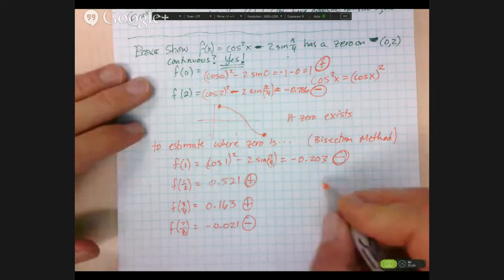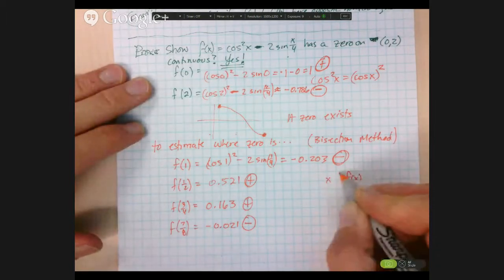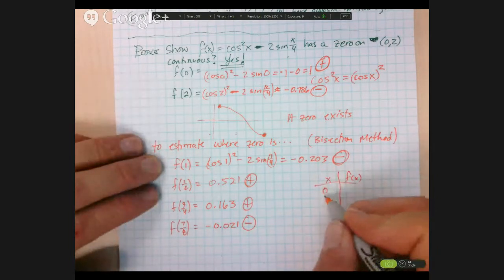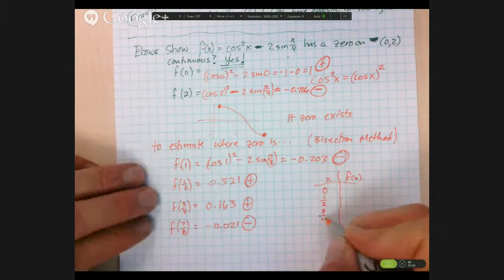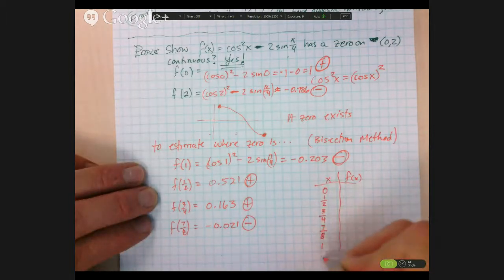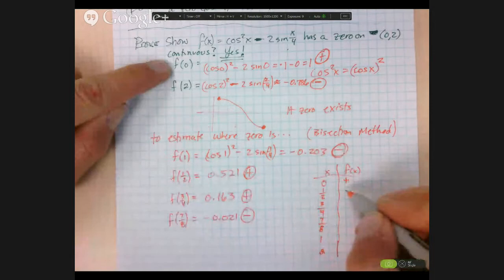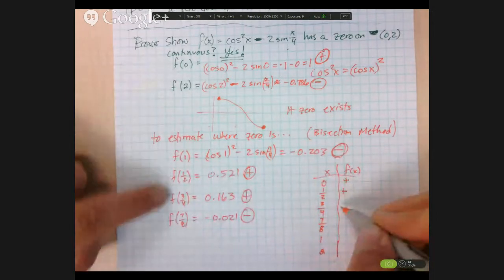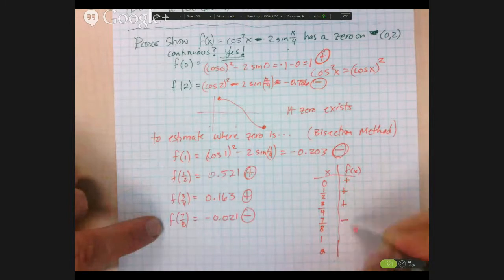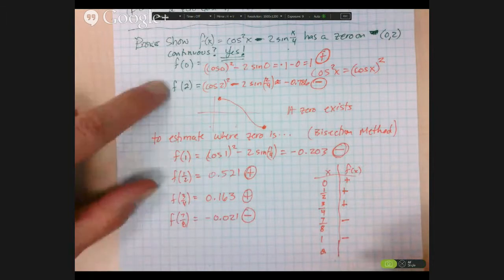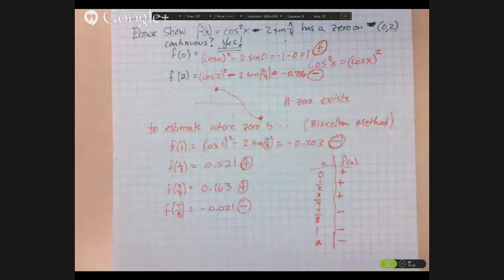So let me write this out. Okay, you see this table I just built? Does that make it easier? I put them in order.